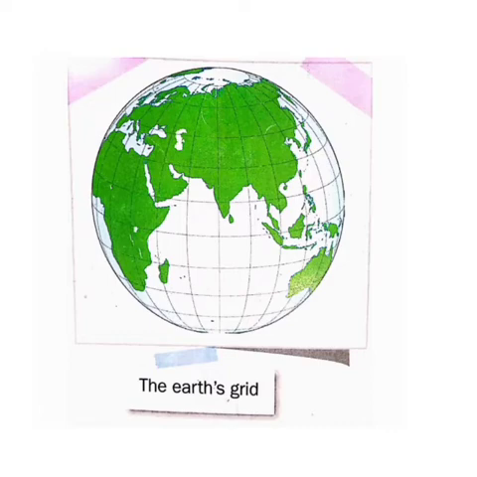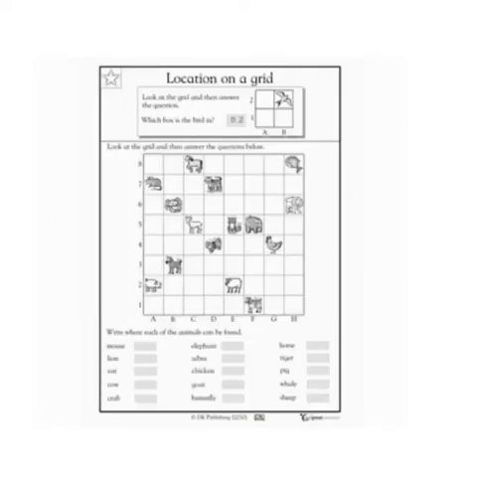Longitudes and latitudes are given on the map to find out places in a convenient manner. Longitudes are the vertical lines on a map and latitudes are the horizontal lines on a map. So the grid always helps us to locate places and can be used to determine the area.